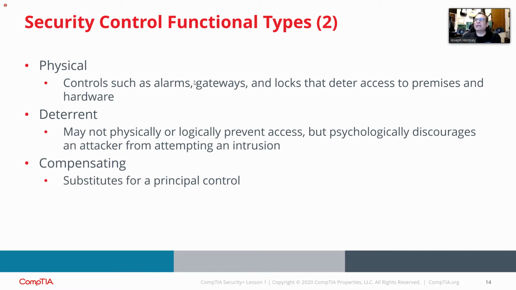A compensating control is one that either substitutes or enhances or contributes to an existing control. So here's an example. We're going to talk a lot about Windows networks in this class, and the reason why is because in the business world, pretty much everything is a Windows network.